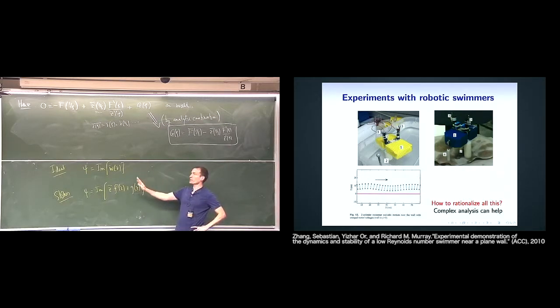Ideal flow is this, Stokes flow is this. Completely different physics, though. This is no viscosity. This is highly viscous. So completely different physics, but mathematically they're very similar.